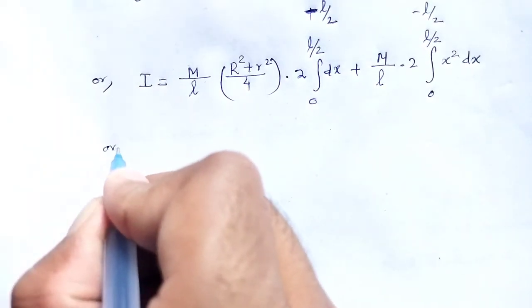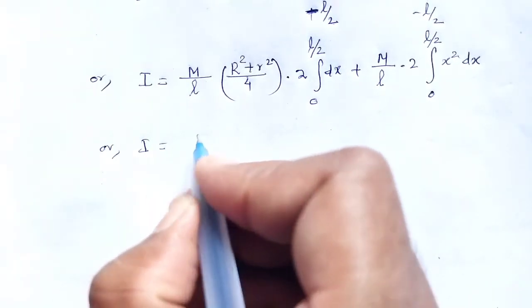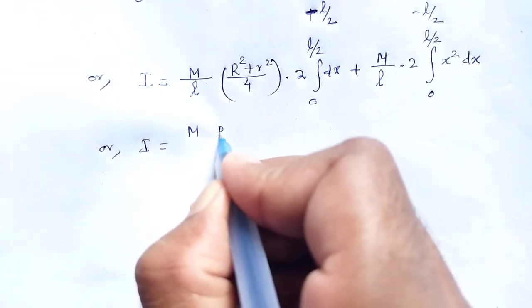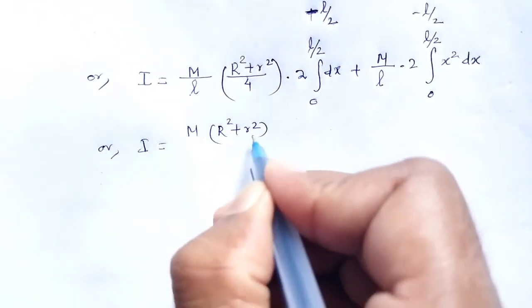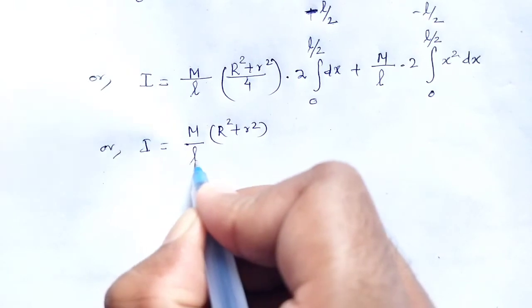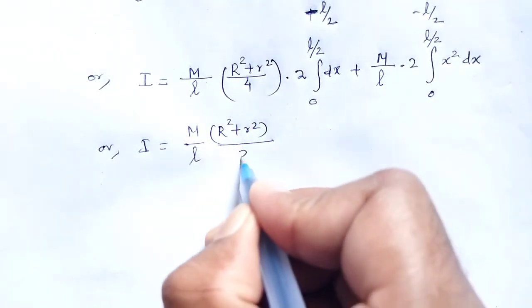or I is equal to m r square plus r square divided by L, to cancel out, that is 2.